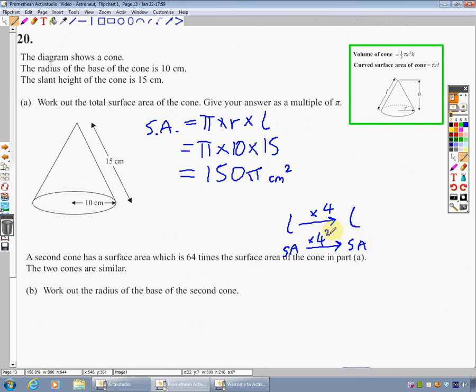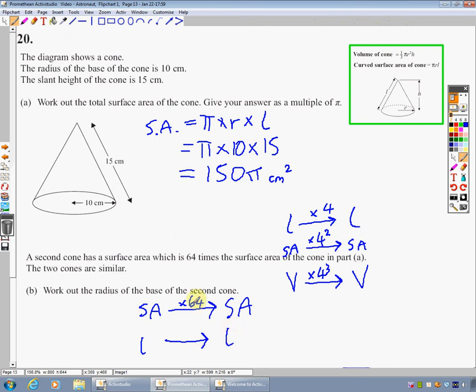We've gone from surface area to my new surface area, and I've timesed it by 64. So in order to do it for length, I need to work out what the square root of 64 is. Well, the square root of 64 is 8. So it's actually only timesing it by 8 to get from this cone to our new cone.